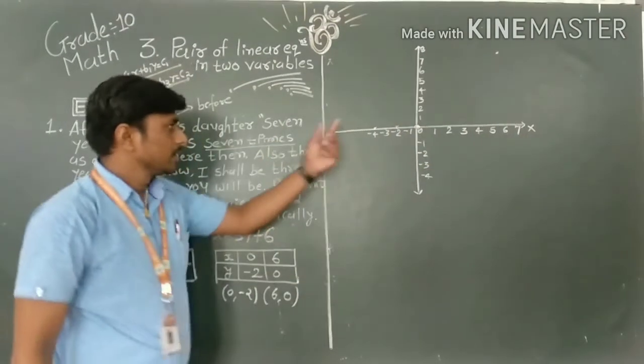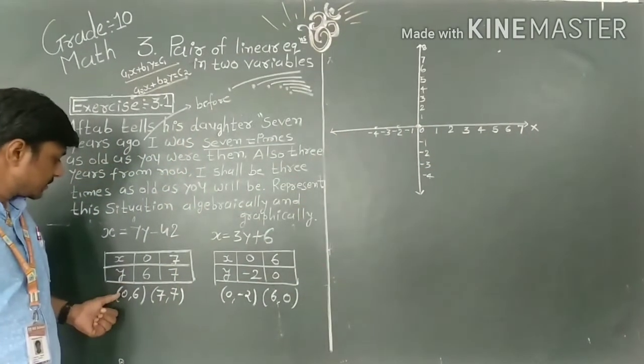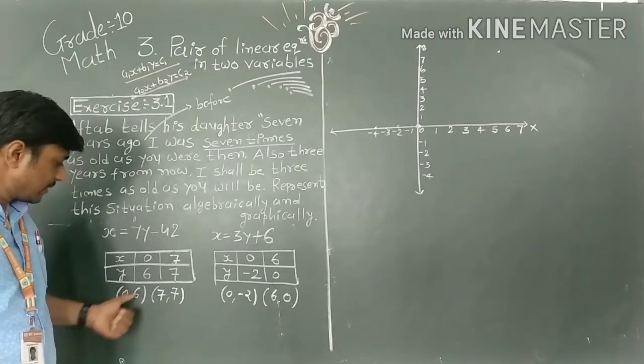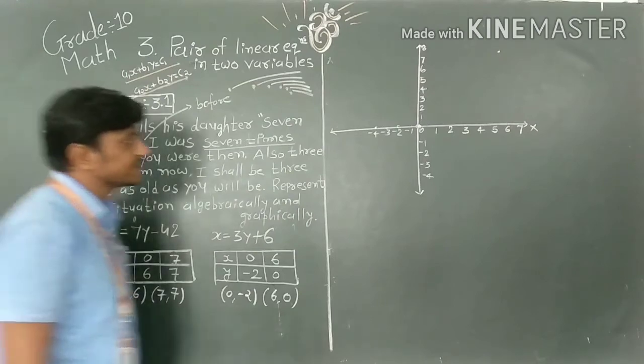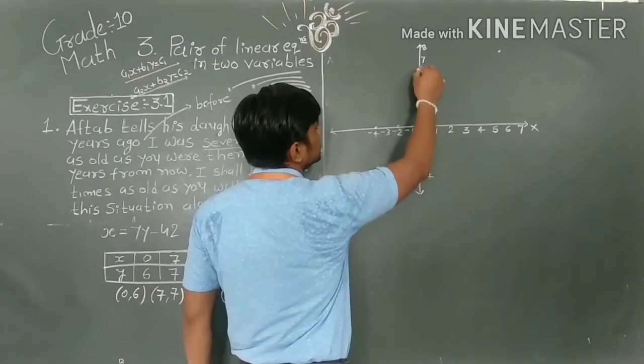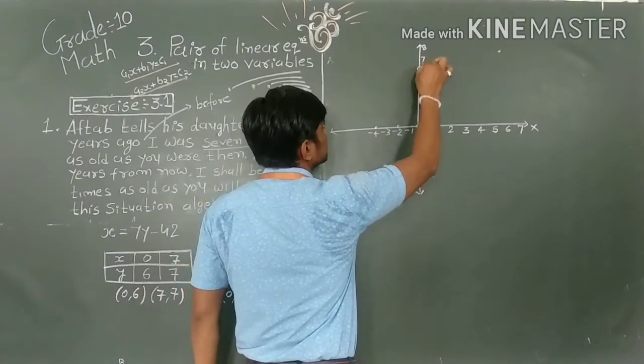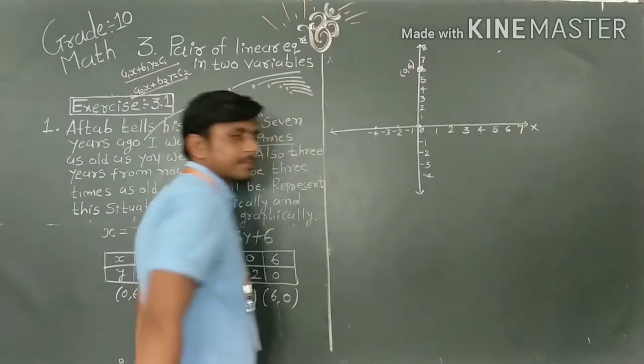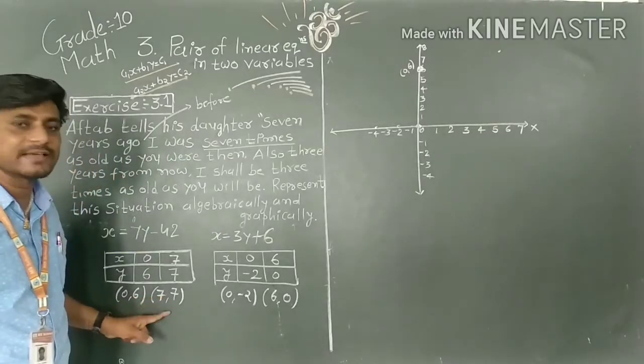Okay. Now plot this point (0, 6). This is the x coordinate and this is the y coordinate. Here this point is (0, 6). Second point (7, 7).